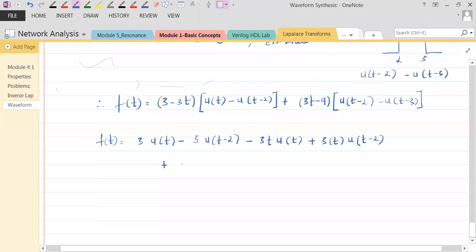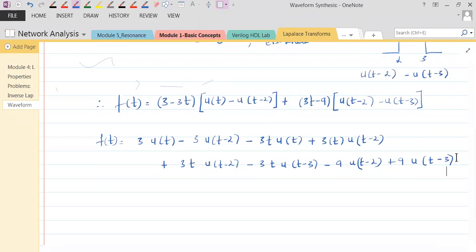Plus 3t into u(t-2), minus 3t into u(t-3). Similarly, minus 9 into u(t-2), plus 9 into u(t-3). So this is how the things happen to be.